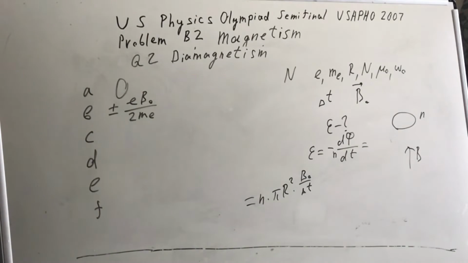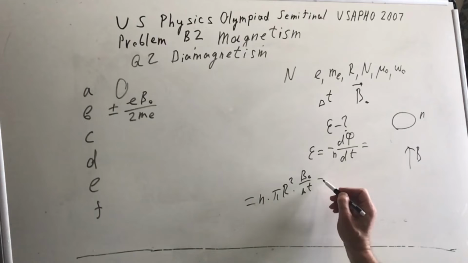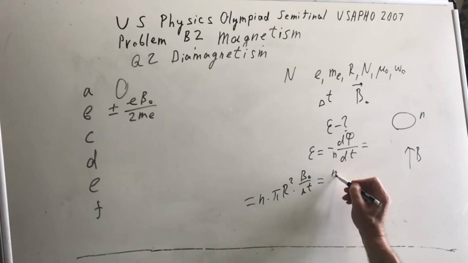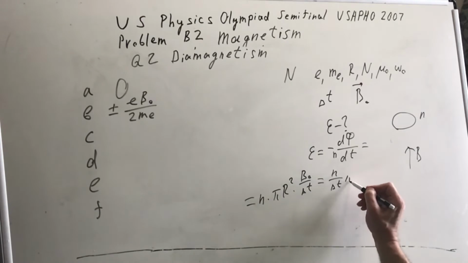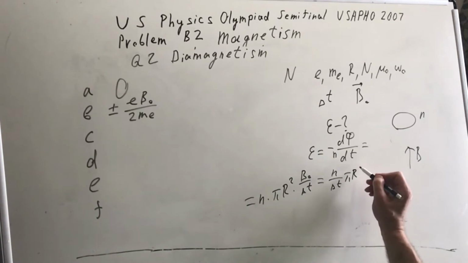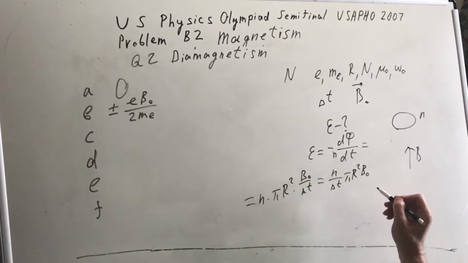So that's n over delta t times pi r squared B0.